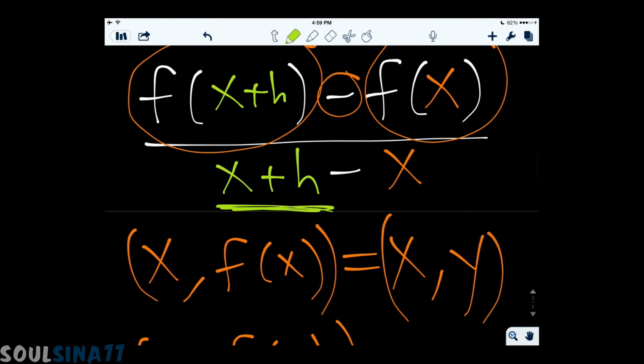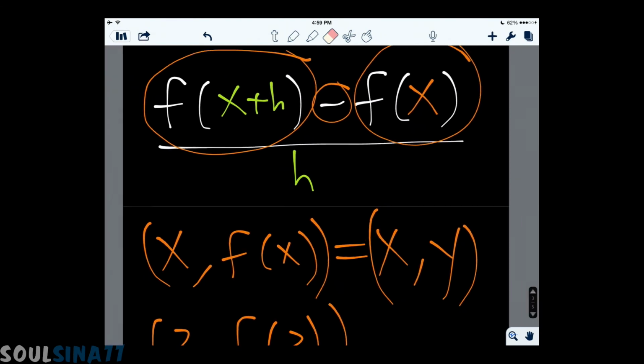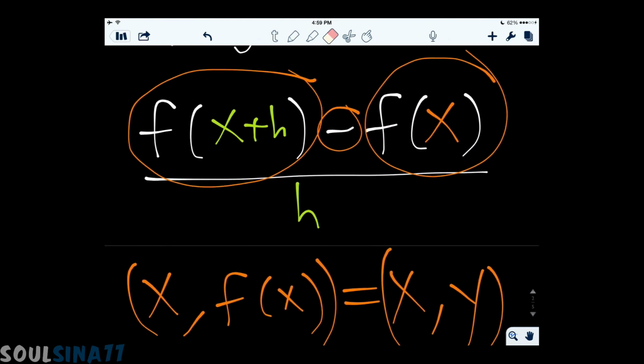And we all know x minus x gives us 0. So you're just going to have 0 plus h, which is why your denominator is simply h. Your whole fraction is over h.